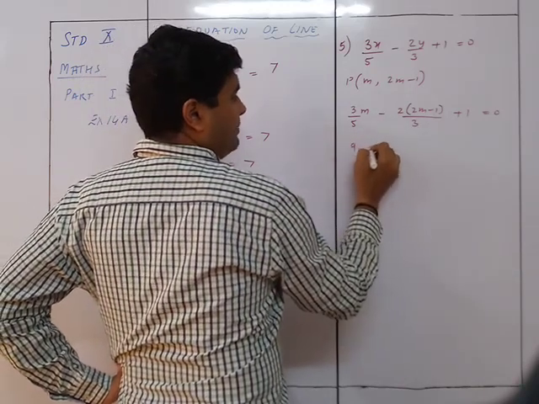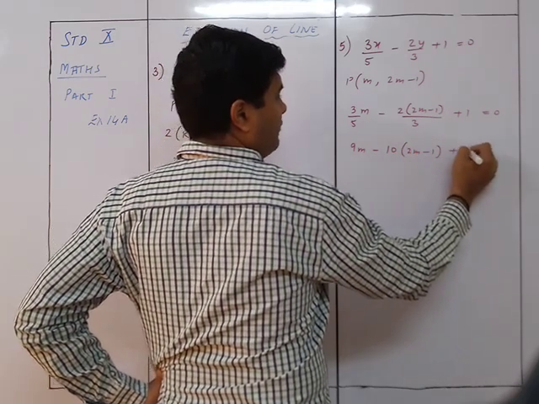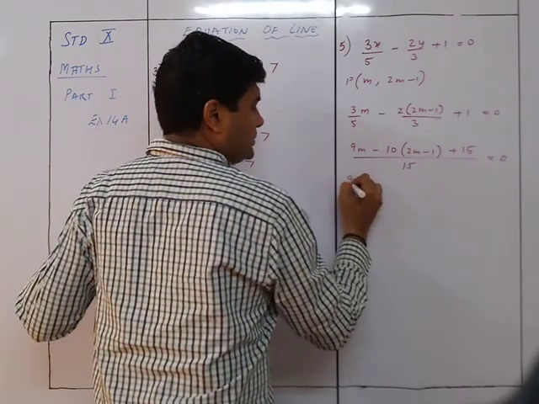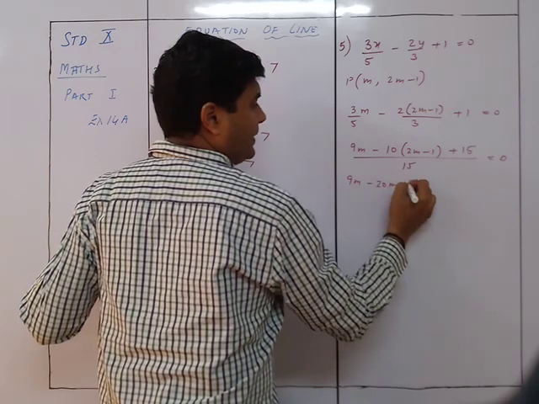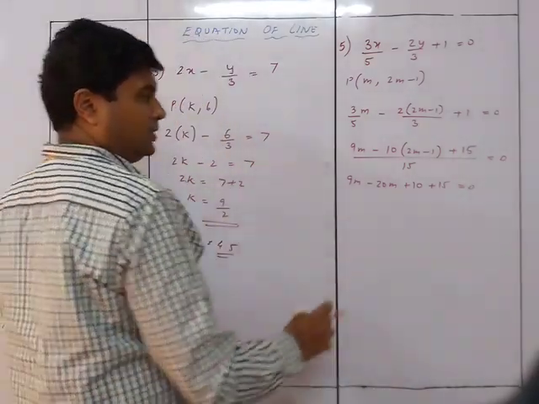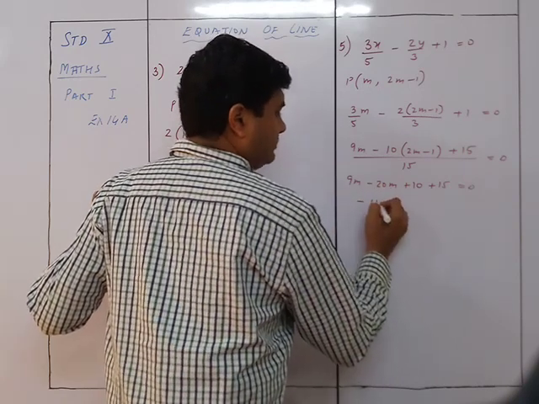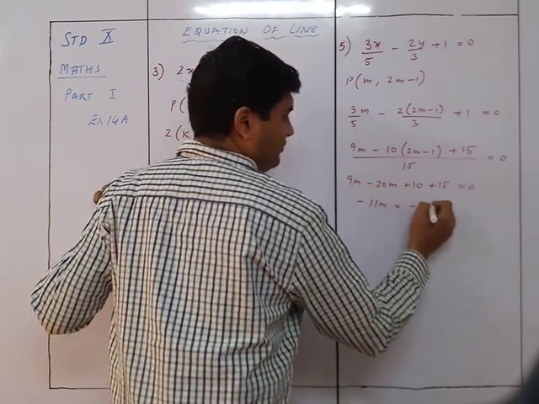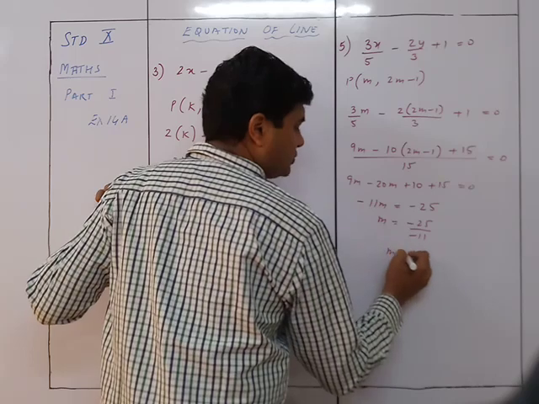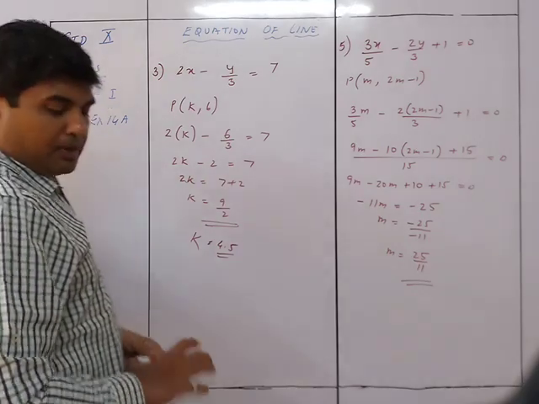So this is 9m minus 10 into (2m minus 1) plus 15, the whole upon 15 is equal to 0. So 9m minus 20m plus 10 plus 15 is equal to 15 into 0, which is 0. This is minus 11m plus 25 equal to 0, so minus 11m is equal to minus 25. m is equal to minus 25 upon minus 11, so m is equal to 25 upon 11. That's the answer for sum number 5.